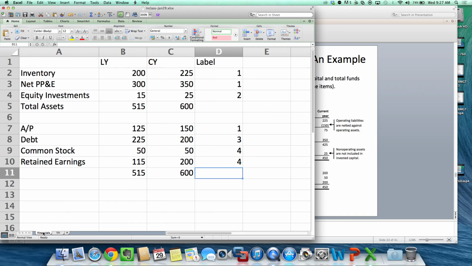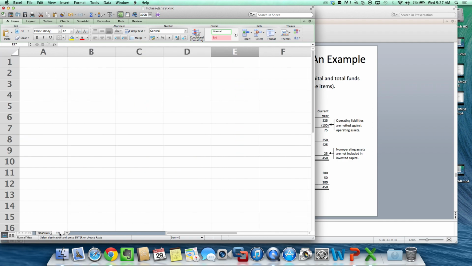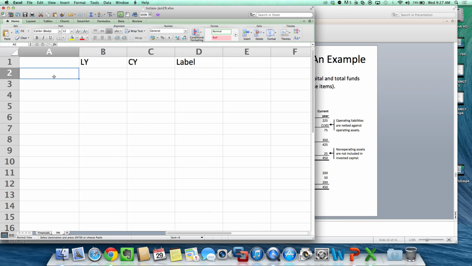One of the reasons why I'm going to recommend doing new tabs is because I can copy and paste over. So copy, paste, there's my years. And now what I want to do when I rearrange the balance sheet is I want to net all my 1s together. So I'm going to take everything as a 1, assets minus liabilities. I'm going to net them together.